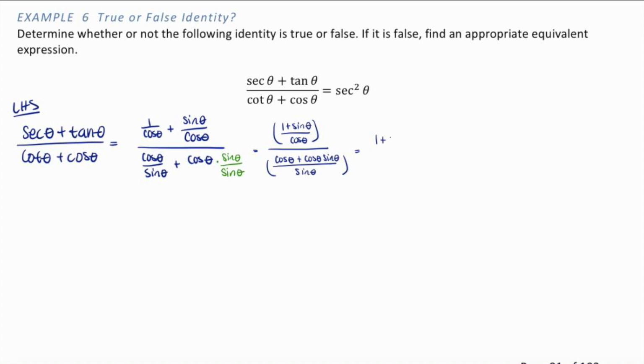So this is 1 plus sine theta divided by cosine theta times sine theta divided by cosine theta plus cosine theta sine theta. We can factor this denominator here.